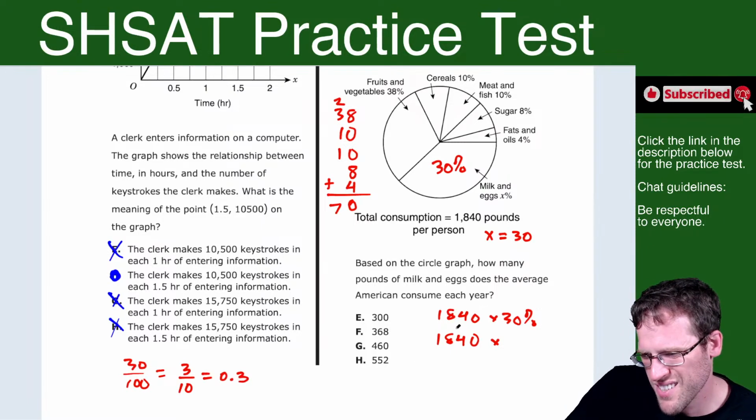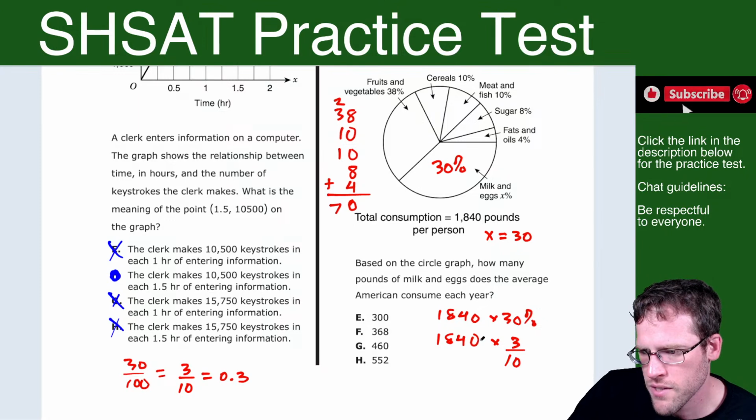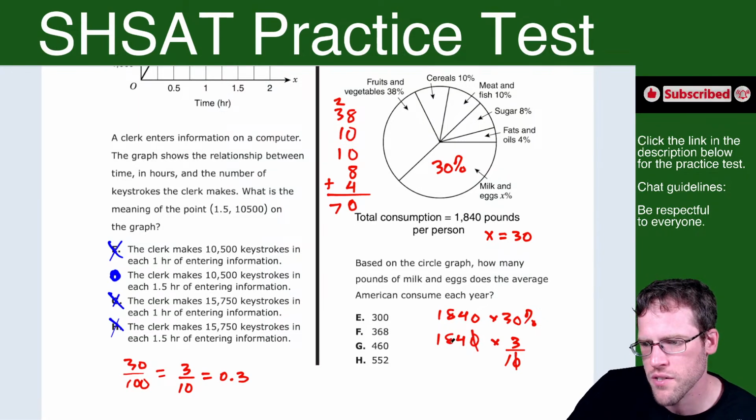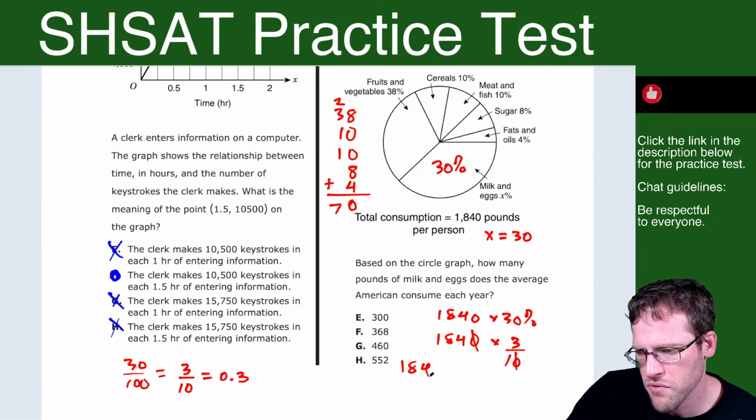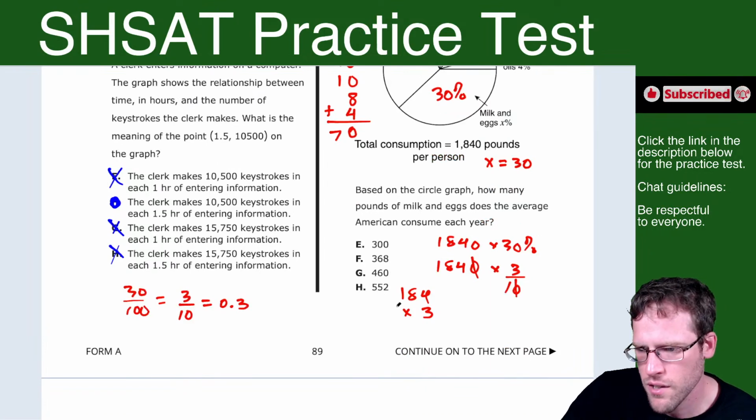Oh, you know what I could do? Times 3 over 10. Watch this. When I divide by 10 here, the trailing 0 crosses out. So I just have to do 184 times 3. Yeah, that's the easiest way. Take 3/10, and then you just have to do times 3.